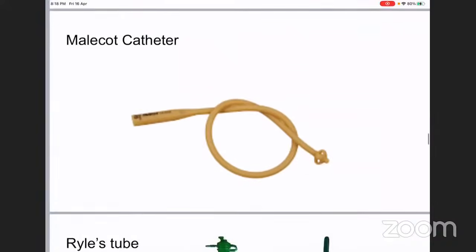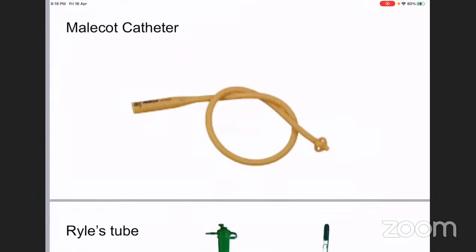Then you have something known as a Malecot's catheter. It appears quite similar to a Foley's, but it is never inserted perurethally. It has a flowery kind of configuration just away from the tip, which is the self-retaining mechanism of the Malecot's catheter.